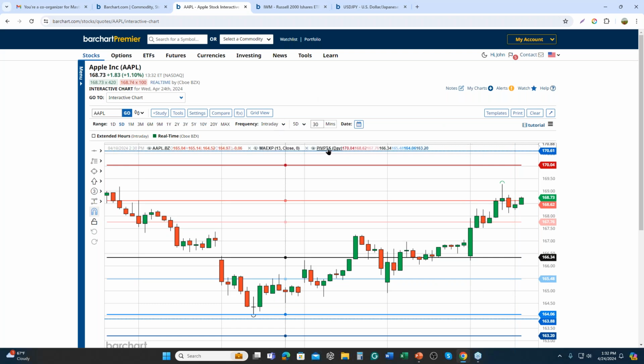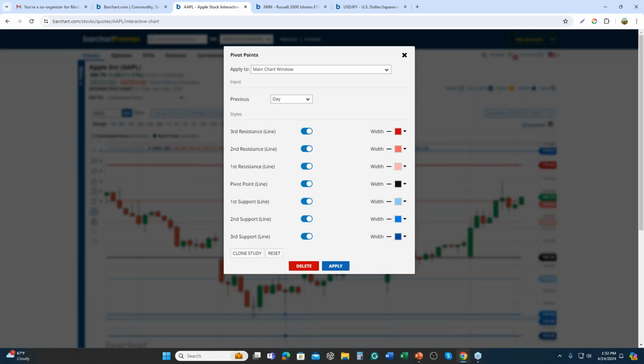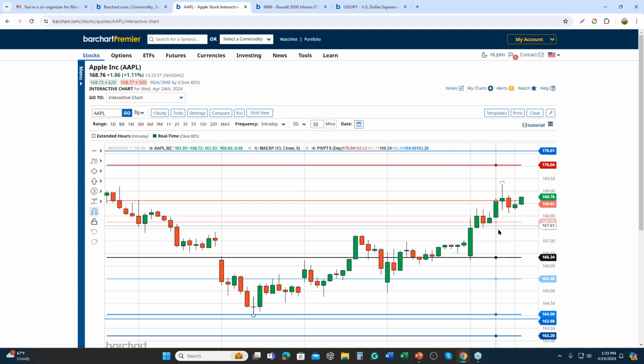So the pivots here, now some folks might add pivots, but the template has already created this for you. But you can change the colors. And what I like to do is have my colors from light to dark, from inner to outer. And that's what I have here. So what we're going to do now is use pivots on our day of action.